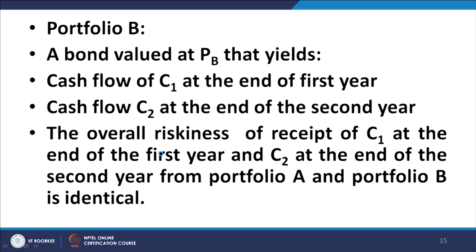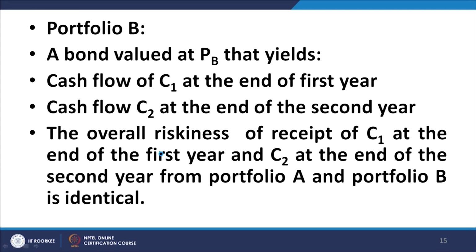So, the riskiness of the realization of the cash flow C1 from the bond is the same as the riskiness of the recovery of my deposit when I deposit P1 amount of money at the rate S01 for 1 year in portfolio A. And similarly, the riskiness of the realization of cash flow C2 at the end of year 2 from the bond in portfolio B is the same as the riskiness of the realization of my deposit on maturity of the deposit of P2 for 2 years at the rate S02.